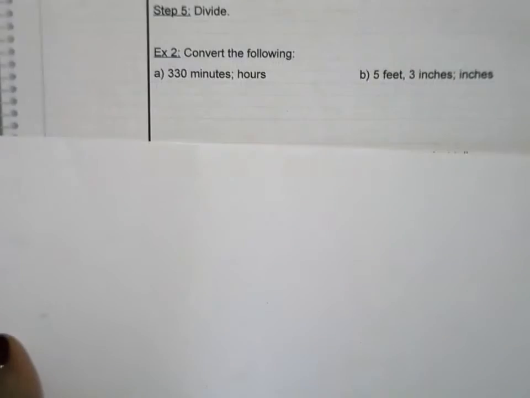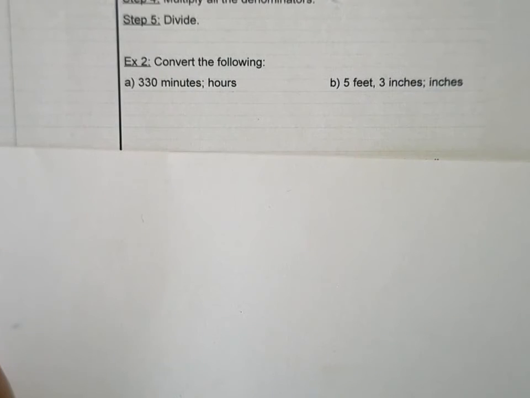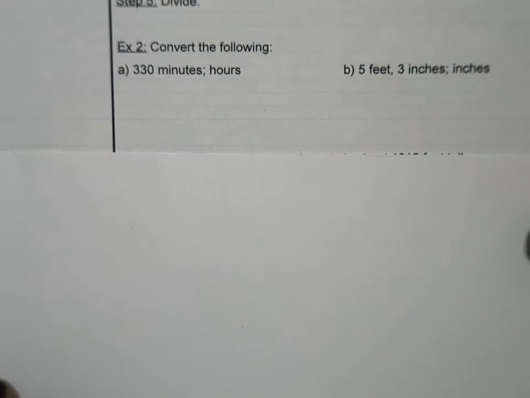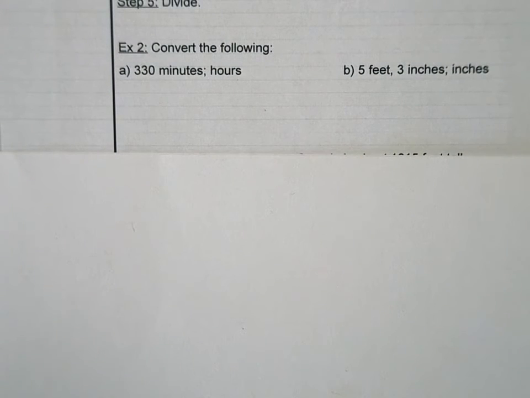So we're going to start with a pretty simple example. In your homework, you will be asked to convert certain quantities, and those will be written exactly like this, which is why we have an example.